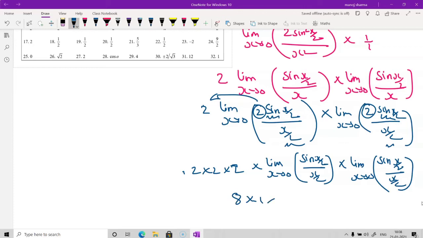It is 8 into 1, which is finally 8. So here we end up with these kinds of questions. Any sort of questions you have a problem with, I think this can be an easier way to understand things.